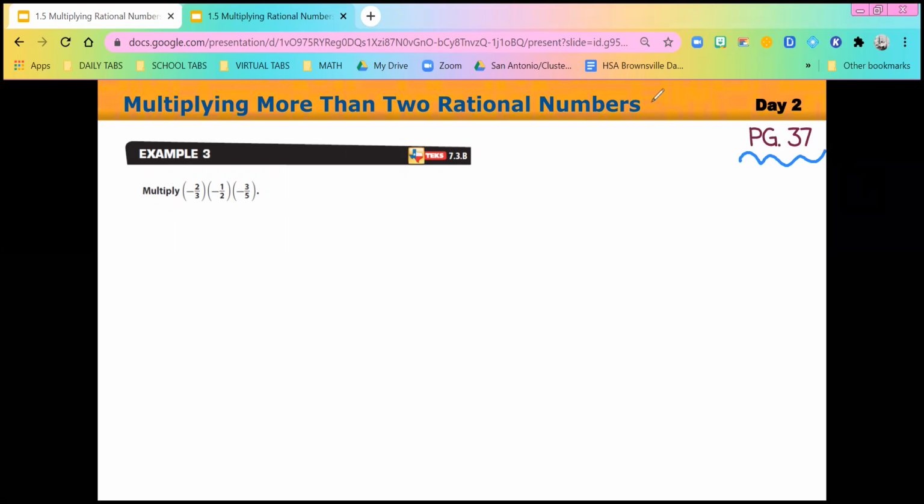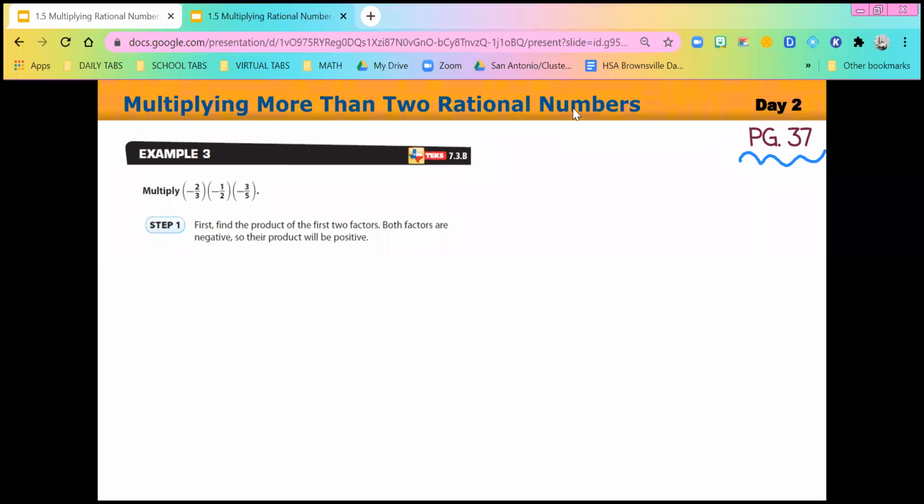This one is talking about what happens if we have to multiply more than 2 rational numbers together. If we look at this example, I have a fraction, another fraction, and another fraction. Oh my goodness. So we are going to be multiplying 3 rational numbers together so we can figure out what the product is.